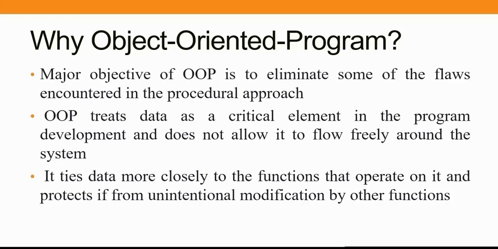When you don't allow the data to move or flow freely around the system, what will happen in that case? The data will be protected, isn't it so? Because yes, we can have the data in our system, but in some cases it needs to be protected. In some cases you need to deny access to some people, right? Even though that data is there in the program, in some cases you need to protect that data from unauthorized access. So in that case we can use object-oriented programming to protect that data from flowing freely throughout the program, right? That is the reason why object-oriented programming was introduced.